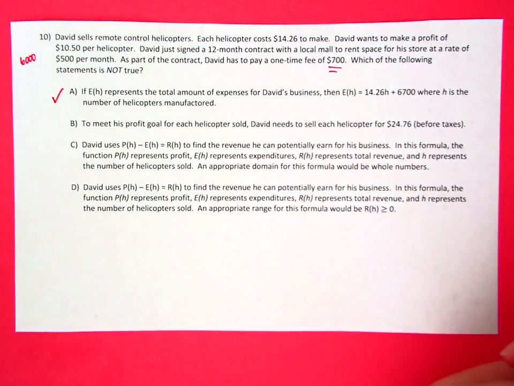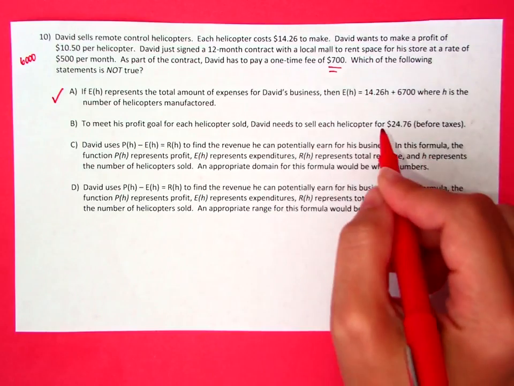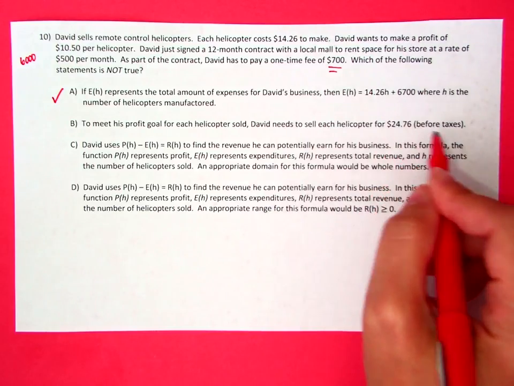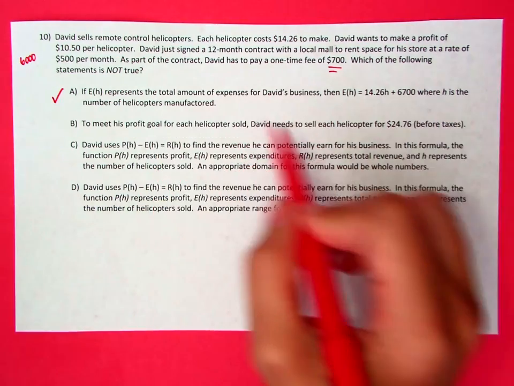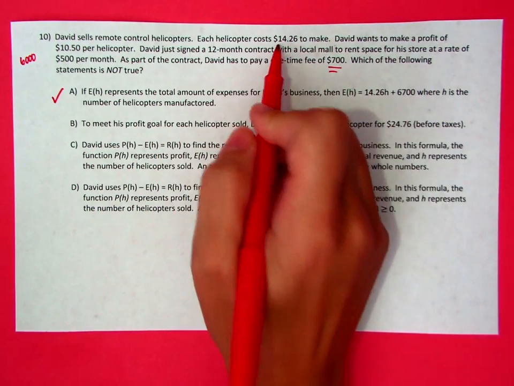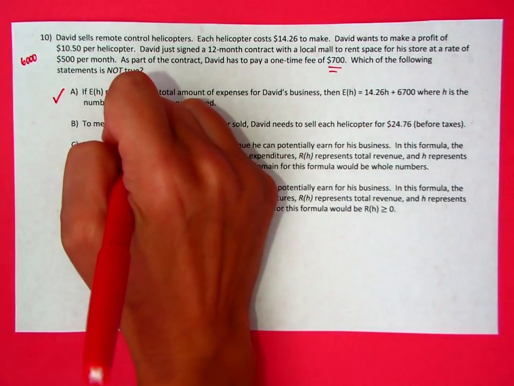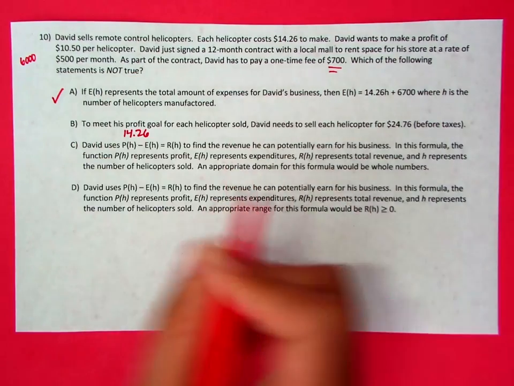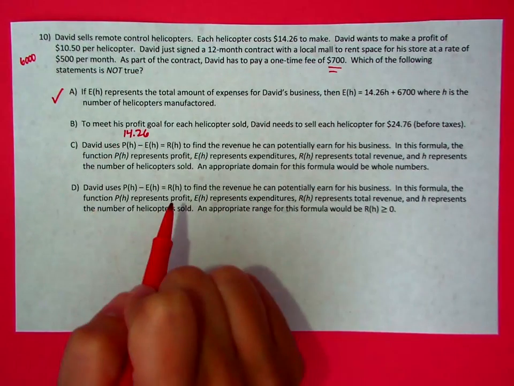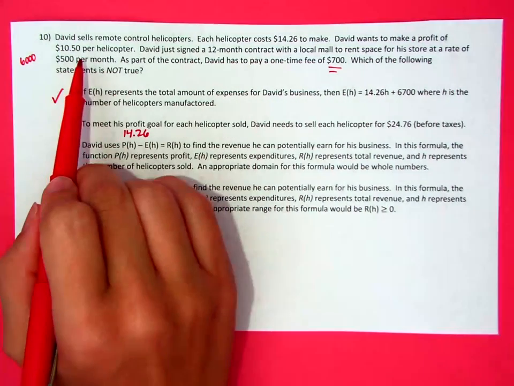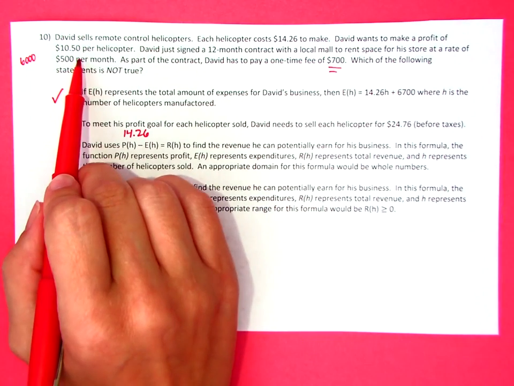To meet his profit goal for each helicopter sold, David needs to sell each helicopter for $24.76 before taxes. Well, let's look. He's trying to get a profit, and so let's see how much it costs. It's going to cost this $14.26, so that's how much it's going to cost him, almost like a negative, but we're not going to make it a negative because he wants to make a profit of $10.50 per helicopter.